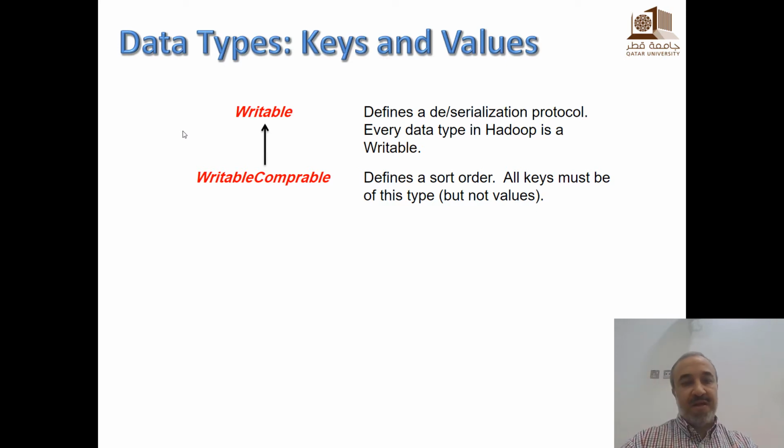There is a type that extends that, which is called WritableComparable, and you use that when you want the data to be sorted. Which part of the data types has to be sorted in the MapReduce job?